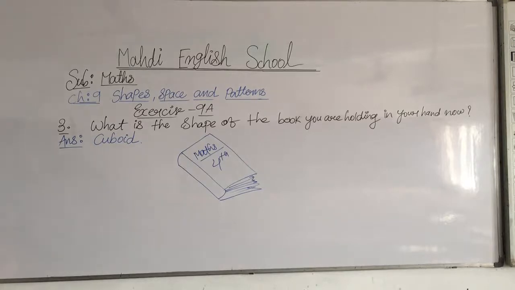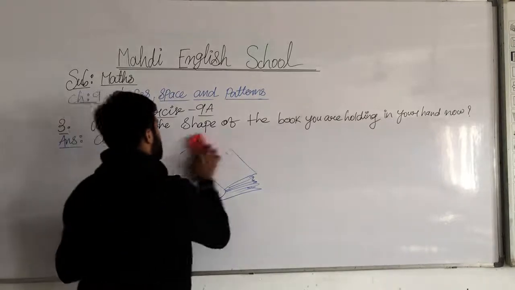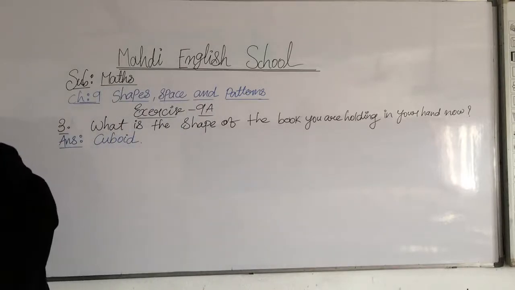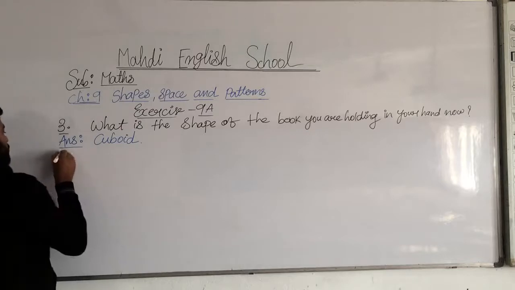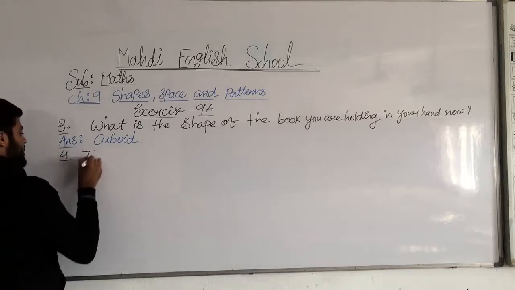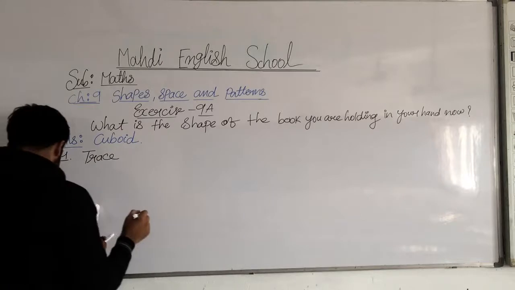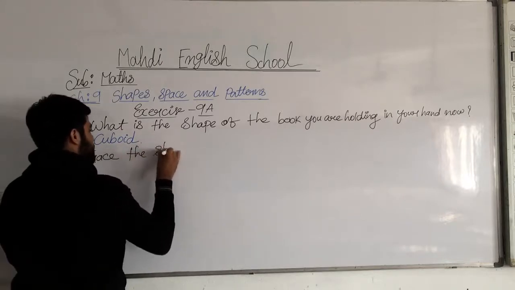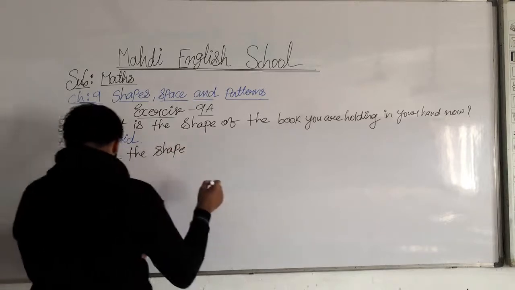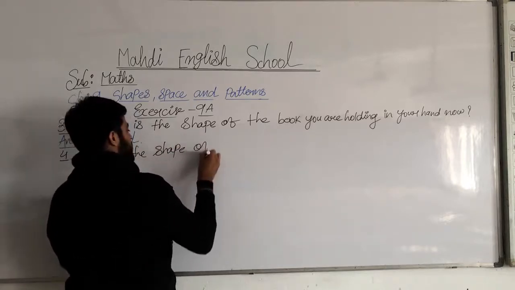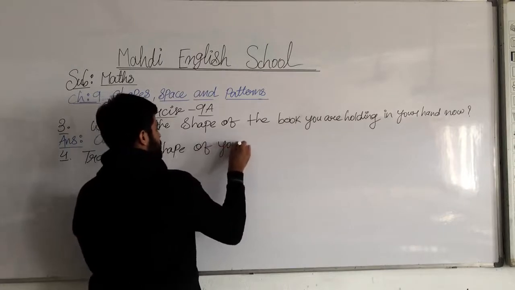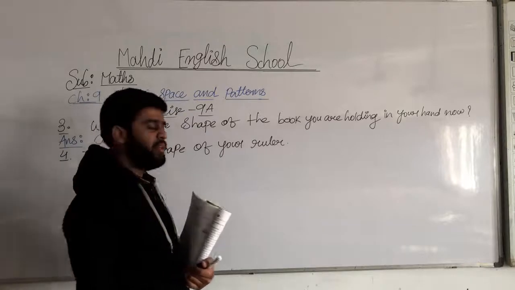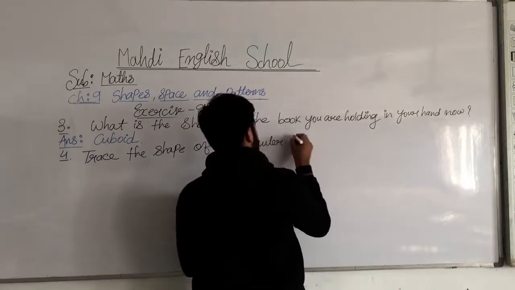Okay, my dear students. So now we will move on to our next question, question number 4. Question number 4 means we have to trace. Trace the shape of your ruler. I think you have a ruler, a scale.